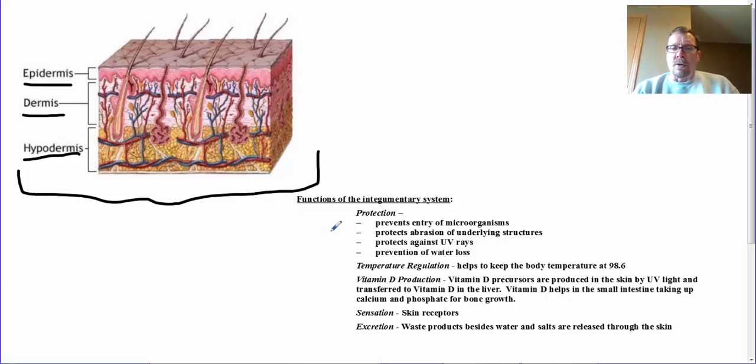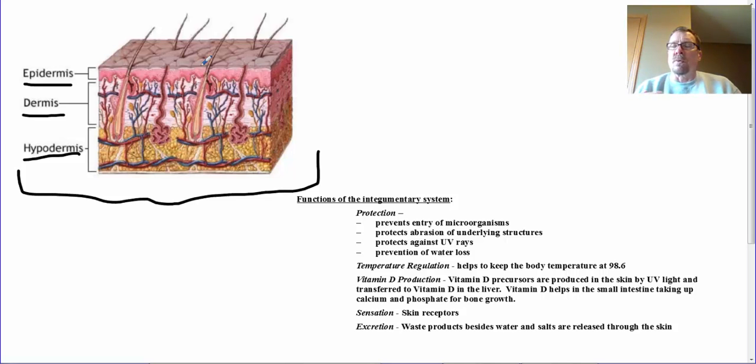And what I've listed down below here are some of the functions that the integumentary system provides. Of course, it is protection, it is the layers, it is the coverings, it is epithelial tissue. This is your skin. And so stratified squamous epithelium is there for protection. It can rub off.